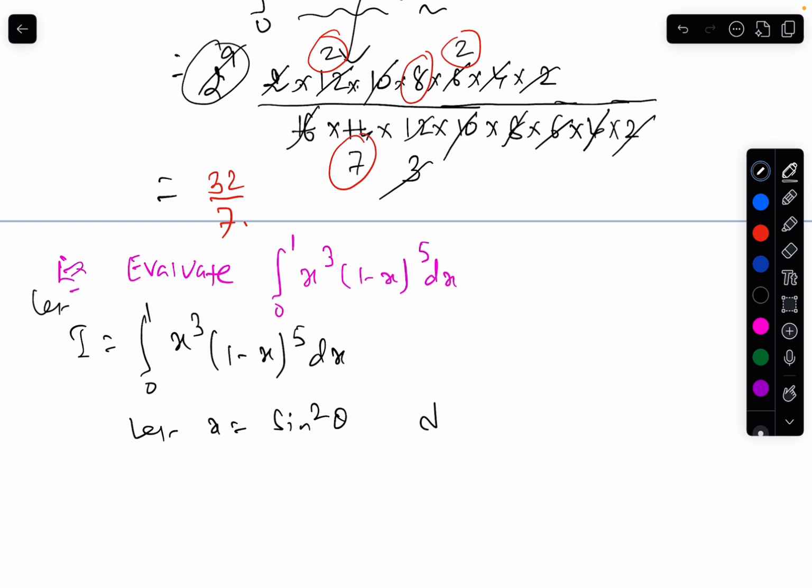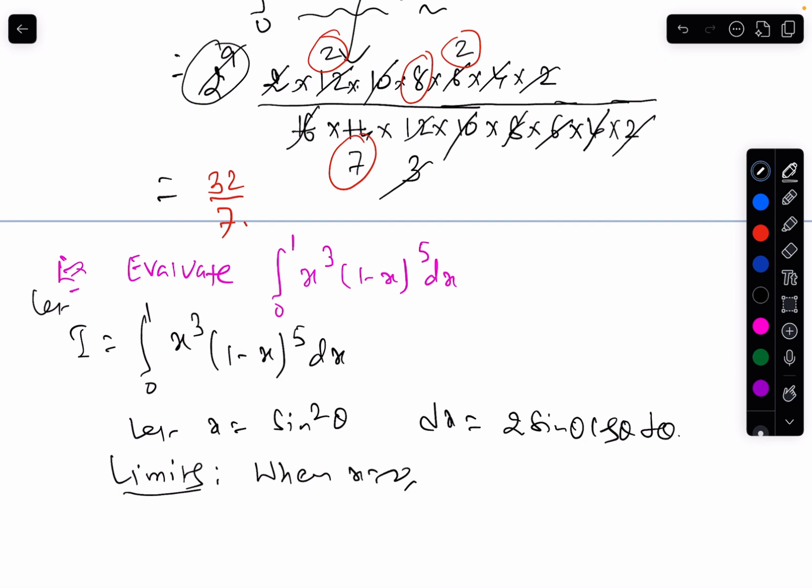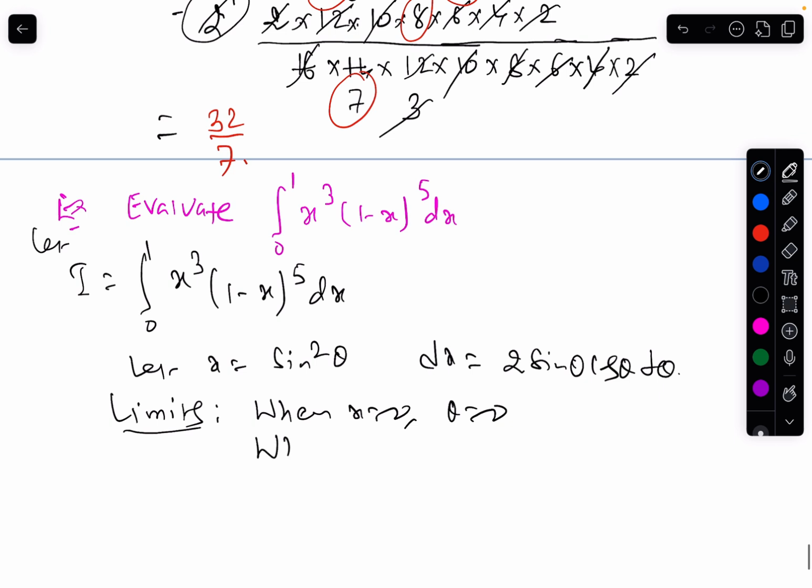Then dx equal to 2 sine theta cosine theta d theta. Limits. When x equal to 0, theta equal to 0, because when x equal to 0, sine square theta is 0, so sine theta is 0, and so theta equal to 0.